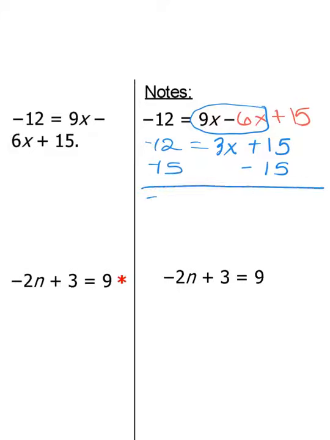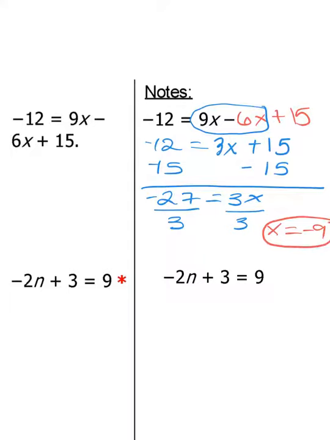So I have negative 27 equals 3x. And then I divide by 3 and divide by 3. I want the x to come first, so what's my answer? Yeah, x equals negative 9. Nice. Questions on that?